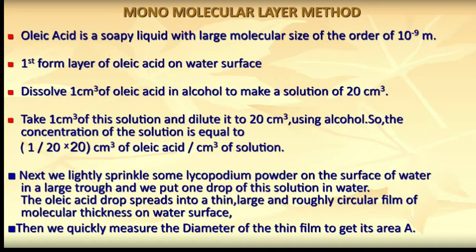First, form a layer of oleic acid on the water surface. Dissolve 1 centimeter cube of oleic acid in alcohol to make a solution of 20 centimeter cube. Now take 1 centimeter cube of this solution and dilute it to 20 centimeter cube using alcohol.